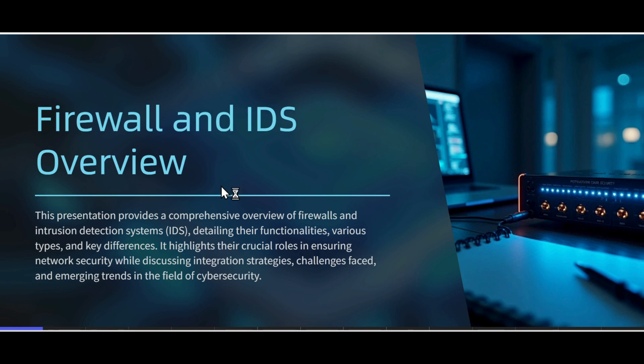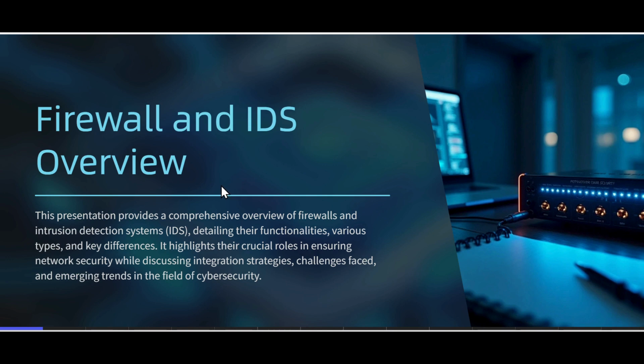such as hacking, malware infections, data breaches, and DDoS attacks. To defend against these threats, organizations implement multiple layers of security, and two fundamental tools in the defense strategy are a firewall and an IDS, commonly known as an intrusion detection system.